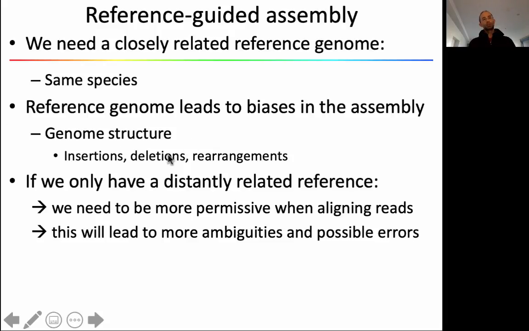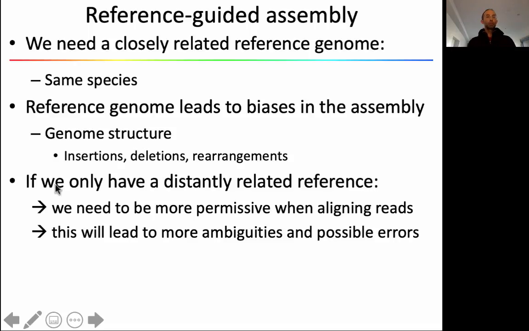And because the sequencing reads are generally short, especially, of course, for second generation DNA sequencing, the short sequencing reads might be mapped to positions in the reference genome that they do not actually belong in the organism that we're trying to assemble.